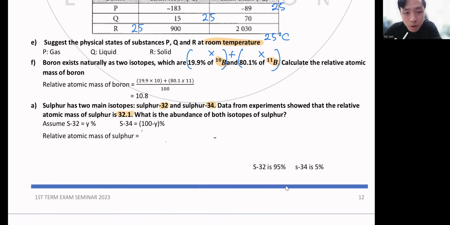If they come out with this tricky question, it's the same method, but this time you use 32 times Y plus 34 times (100 minus Y), over the total 100, same thing, 100%.